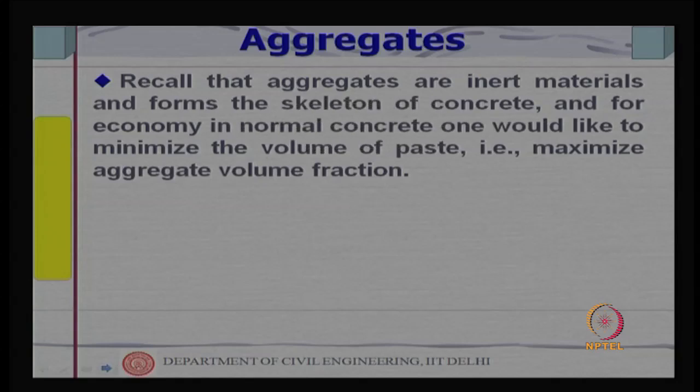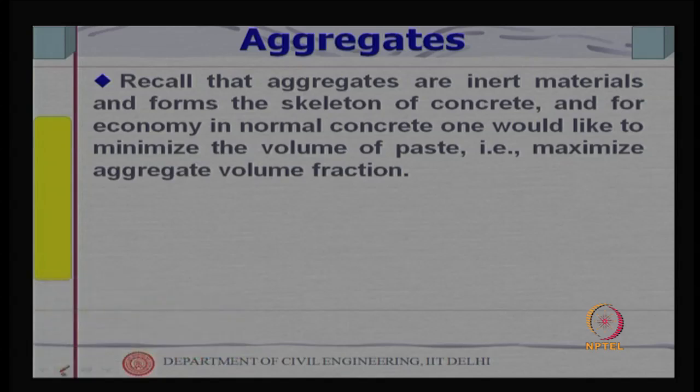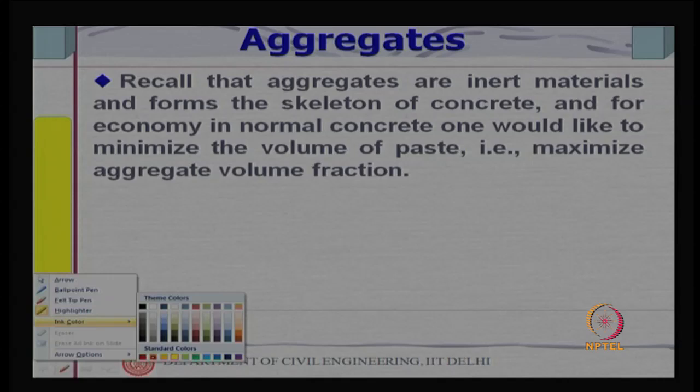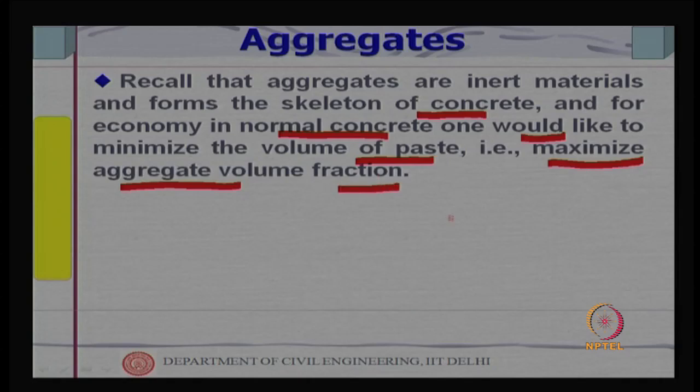Now, recall that aggregates are inert material. They are supposed to form the skeleton of concrete, and for economy in normal concrete one would like to minimize the volume of paste, in other words maximize aggregate volume fraction.